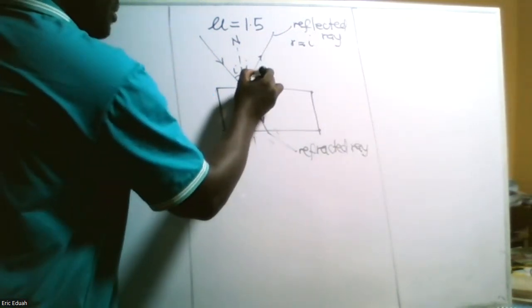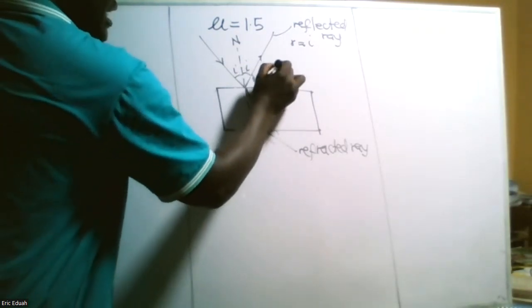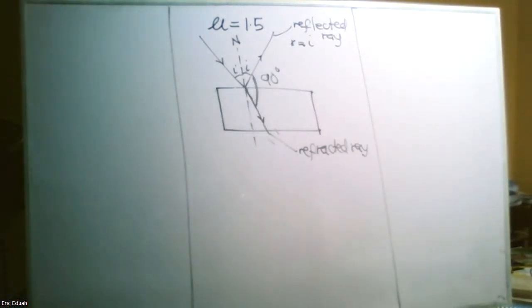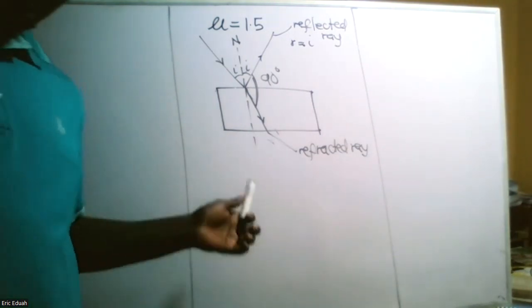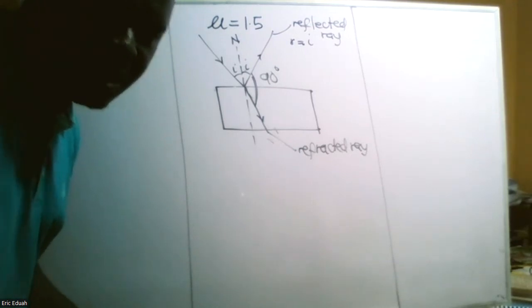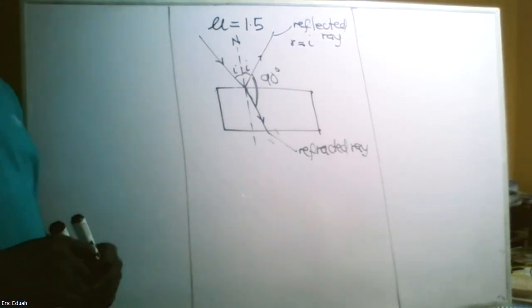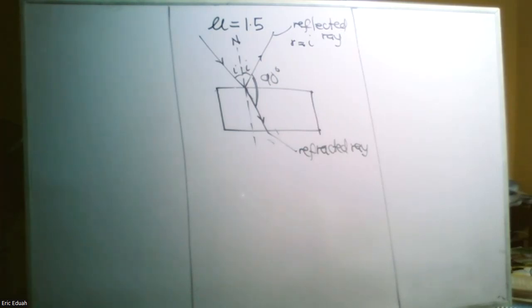So this angle between the two rays, we are told is 90 degrees. Okay, so this must be the diagram. We have to find the angle of incidence.